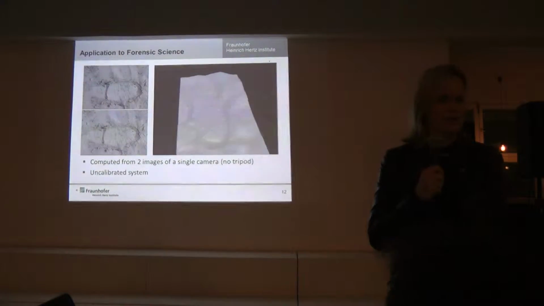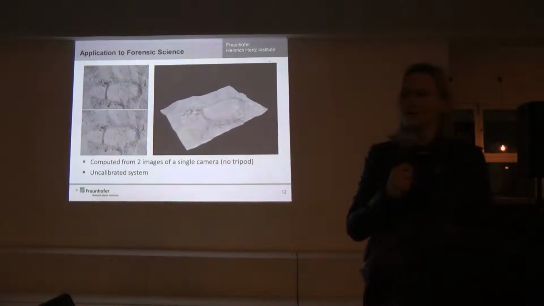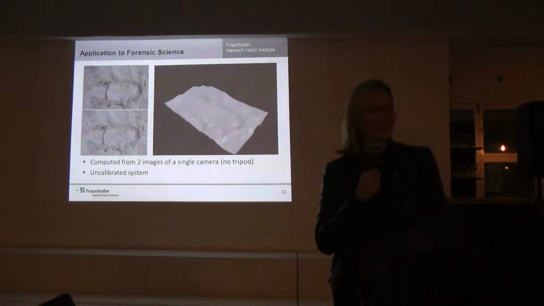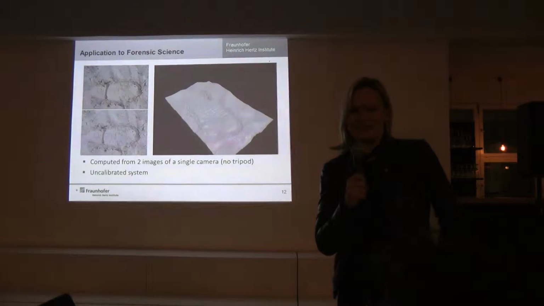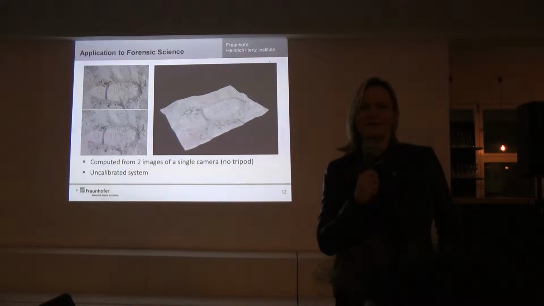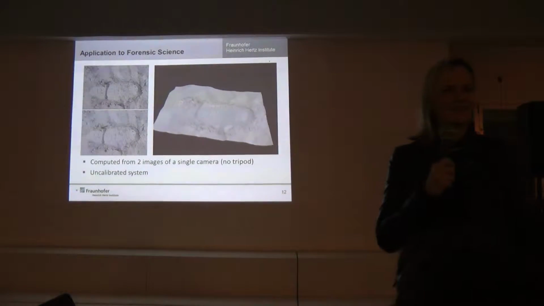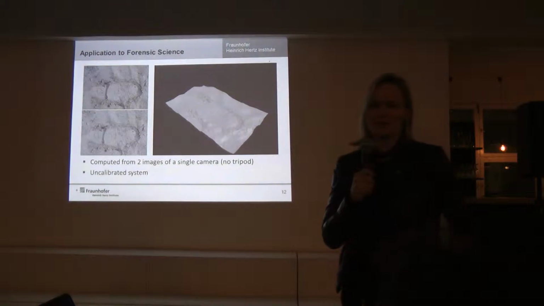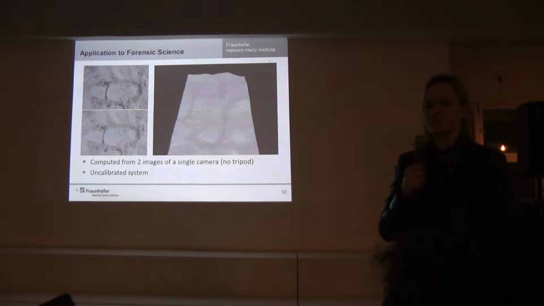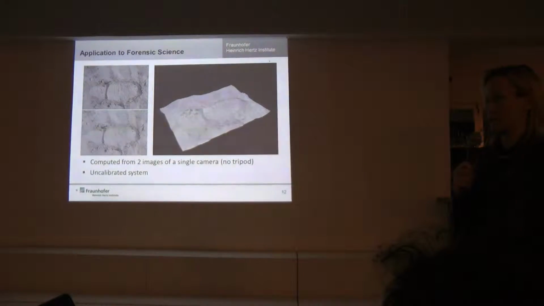Good luck with any Gipsabdruck. I don't know the English word, it's weird. Plaster cast? Could be. So instead you take a picture really quickly, or 2 pictures, and then you have this 3D model of the scene. And maybe then we find out who of you was the murderer.